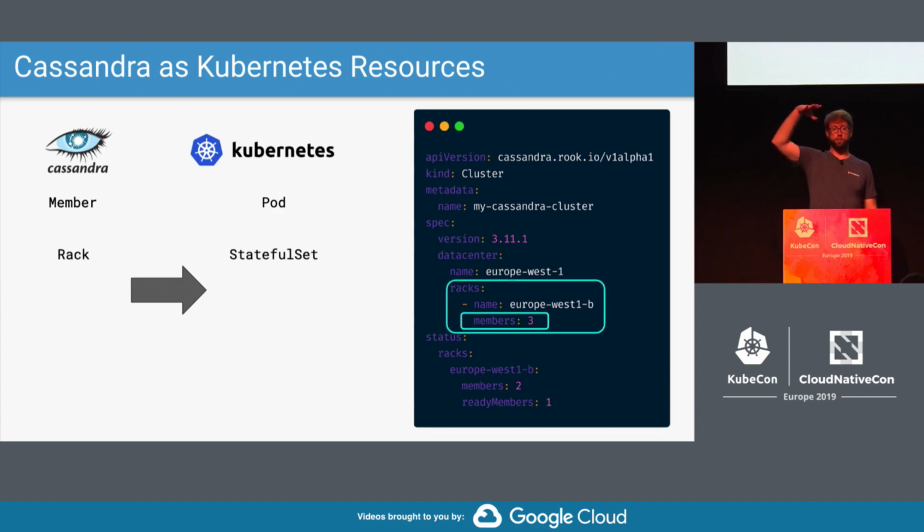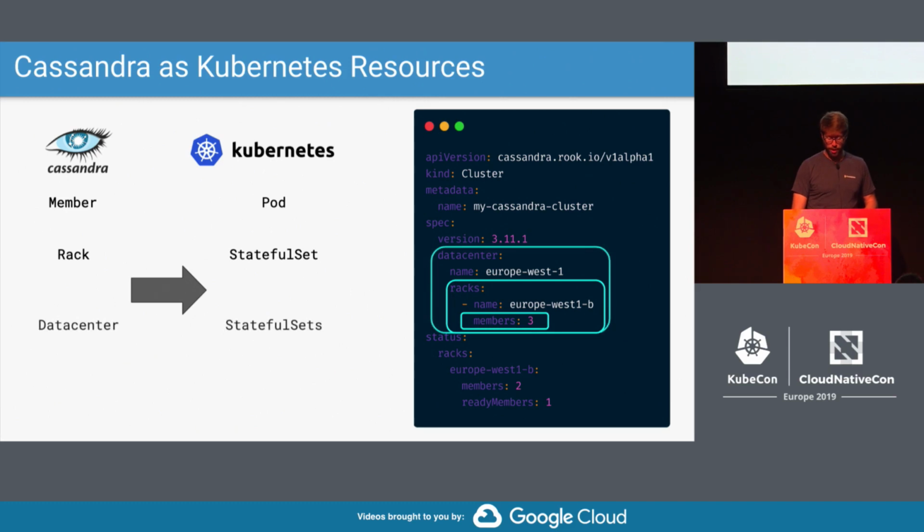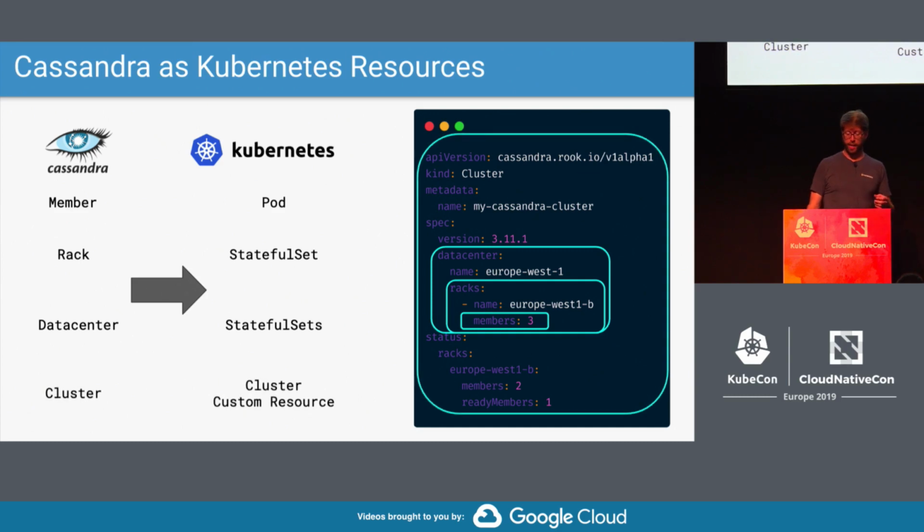Then we go up from a single member to an entire rack of members, and we can model that with the StatefulSet. If we move up to the data center, we can do that as a collection of StatefulSets, many StatefulSets working together to represent the racks and members that are part of a data center. And then finally, at the top, an entire cluster can be modeled with a custom resource definition, a CRD, that represents what it means to be a fully fledged Cassandra cluster.